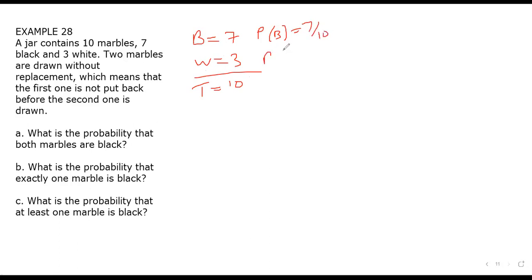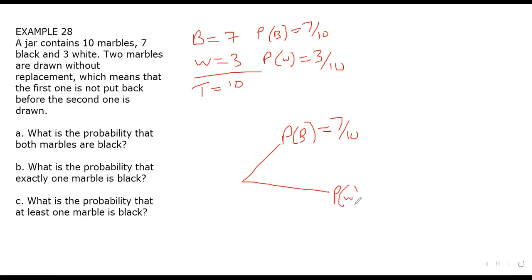Then the probability of a white marble is 3 out of 10. Are we together so far? So this information we already have. Anyone behind so far before I proceed?